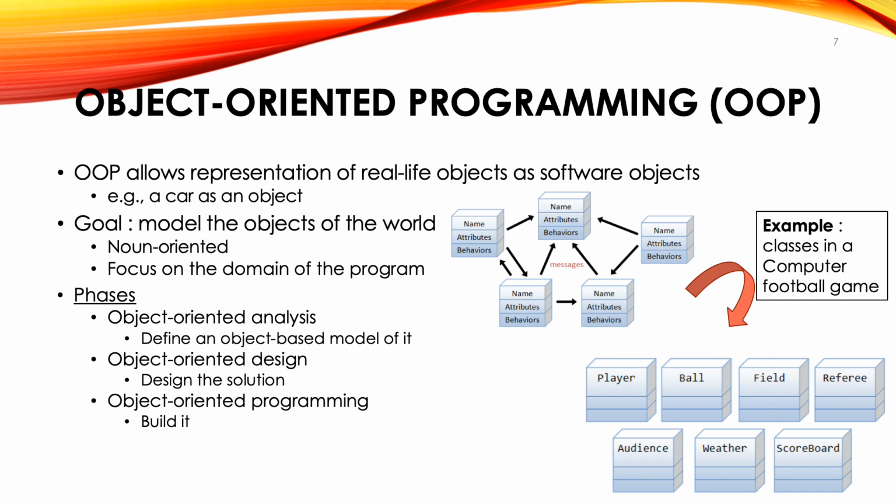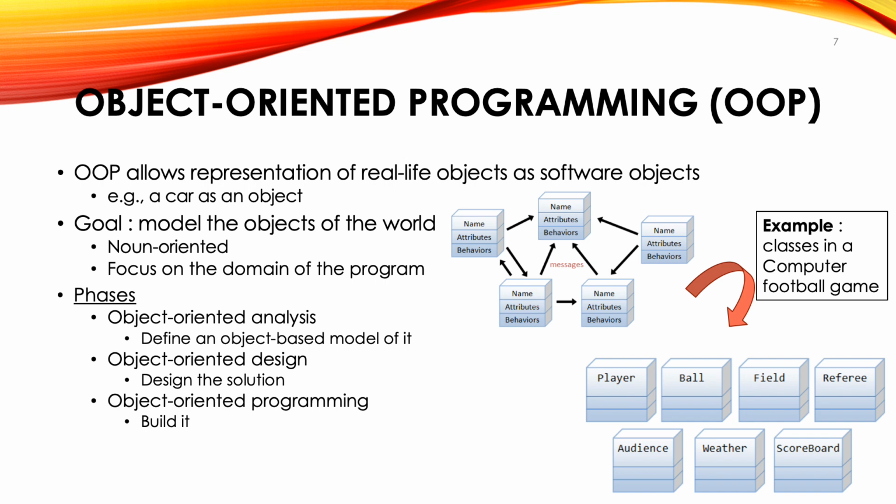To model an object, we start by choosing the name for that object. That's why objects are noun-oriented. Then we need to focus on the domain of the program, which is the complete set of possible values of the object. For example, we choose a student as an object name, and all the freshman students of TBS as the domain.